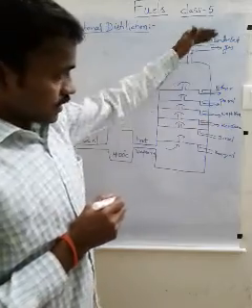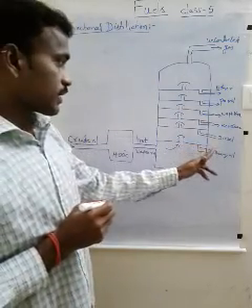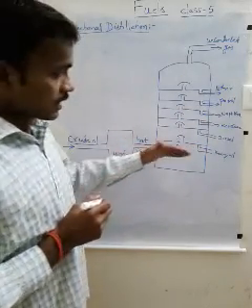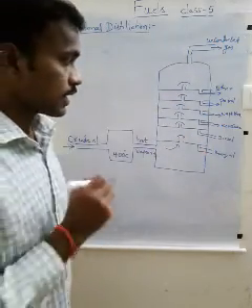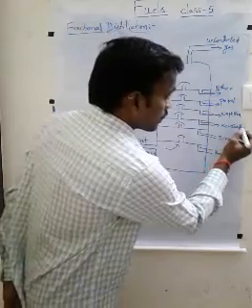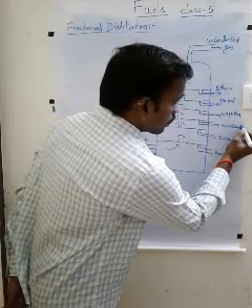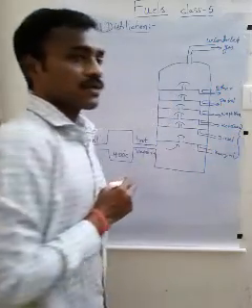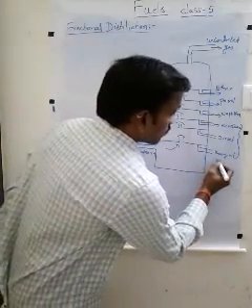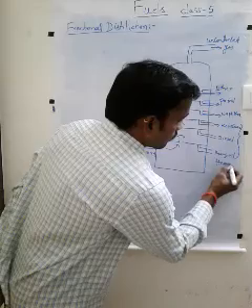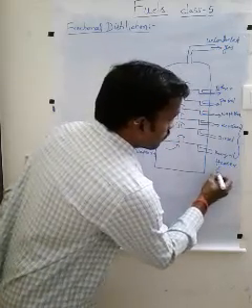Here, these are the different fractions separated from the crude oil on the basis of their boiling points. Here, the lower fractions are called heavier hydrocarbon fractions.